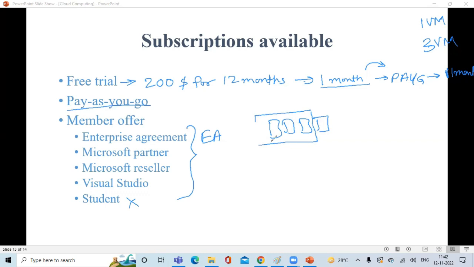So that part you can get in that enterprise agreement. If you have an enterprise level agreement, if you have a very big organization, Microsoft also gives you some benefits. What kind of benefits? You will get technical support from Microsoft. You will get technical training from Microsoft.